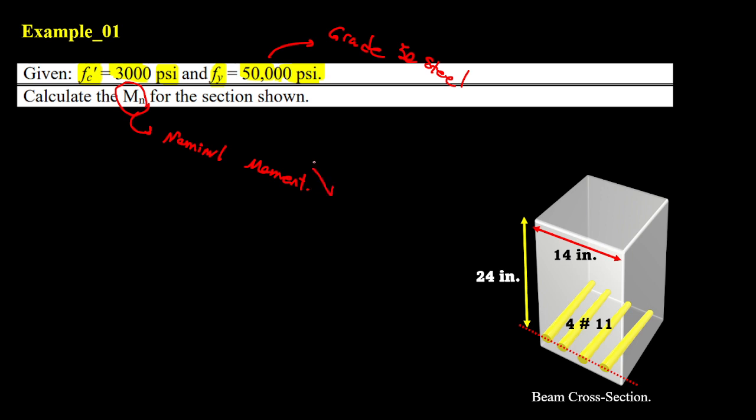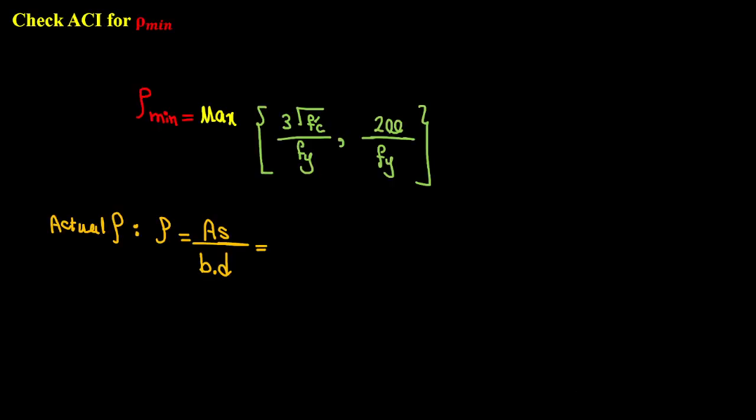Let's see how we can approach this problem. For starting any concrete problem, based off ACI, we need to check rho minimum. So rho minimum is the maximum of these two numbers. Check that the steel inside the concrete is not cosmetic steel, that it's structural steel.